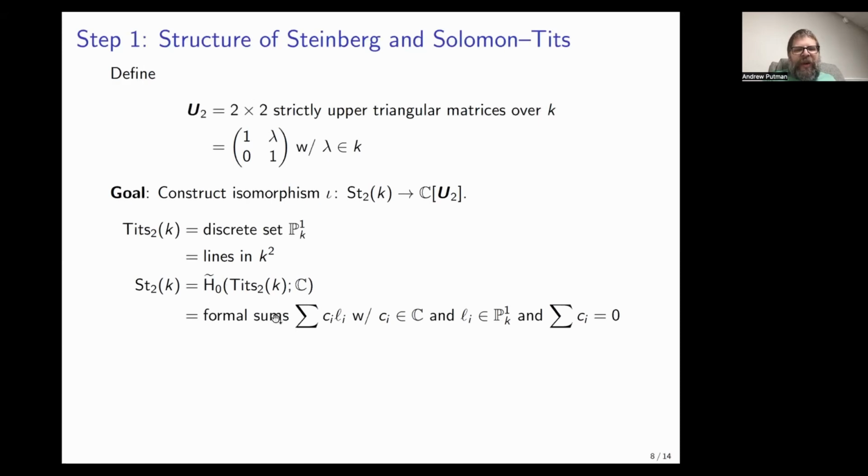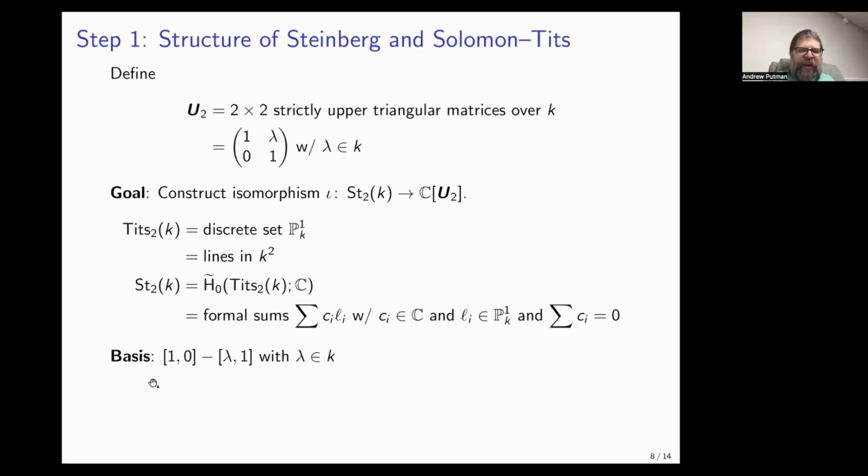Because I'm taking reduced homology, it's formal sums of c_i L_i, where c_i is a complex number and L_i is a line, and the sum of the coefficients is 0. That's because I'm working in reduced homology. And so this set of formal linear combinations has an obvious basis.